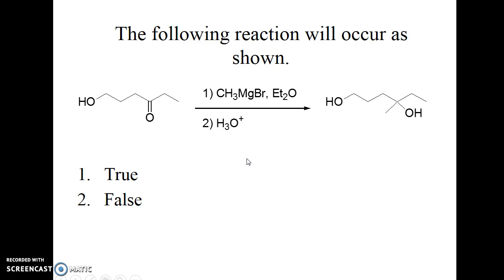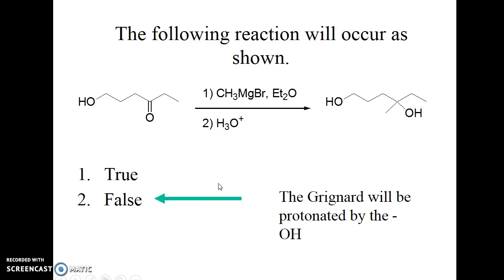Remember, you'd have to protect that alcohol with trimethylsilyl chloride before doing this in order to allow this reaction to go ahead. So no, the Grignard reagent will be protonated by the alcohol, form methane, and then after treatment with acid, this would be reprotonated.